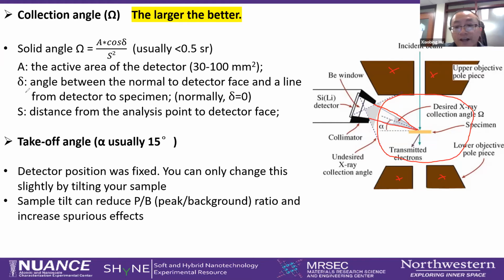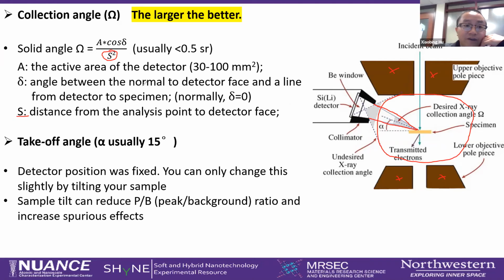Delta is the angle between the normal of the detector face and a line from the detector to the specimen. Normally, this delta is 0. And S is the distance from the analysis point to the detector face. If S is smaller, the solid angle is larger. But because the pole gap is very small, S cannot be very small.